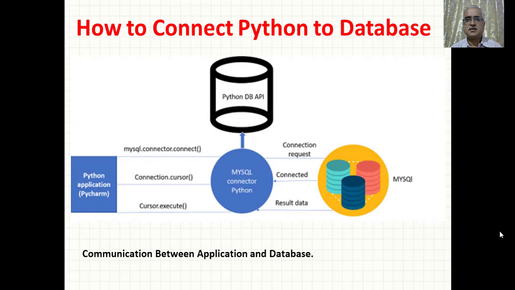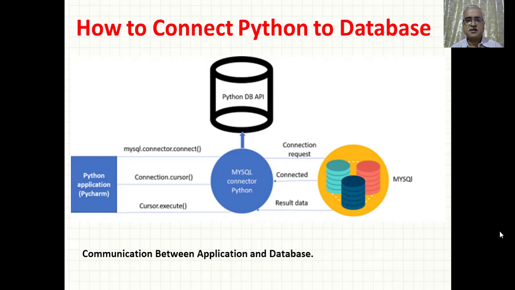Now, coming to the important topic, that is connecting Python to the database. Well, we know that Python is a more efficient, faster, platform independent programming language, and it supports different types of RDBMS. In this picture, we can see a layered approach of database connection with Python.